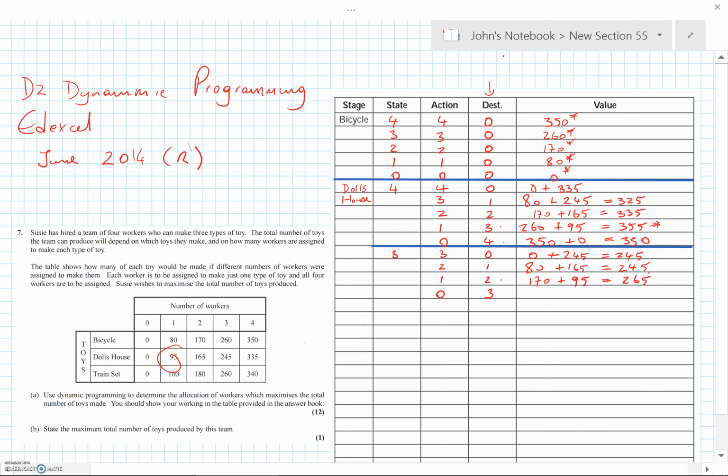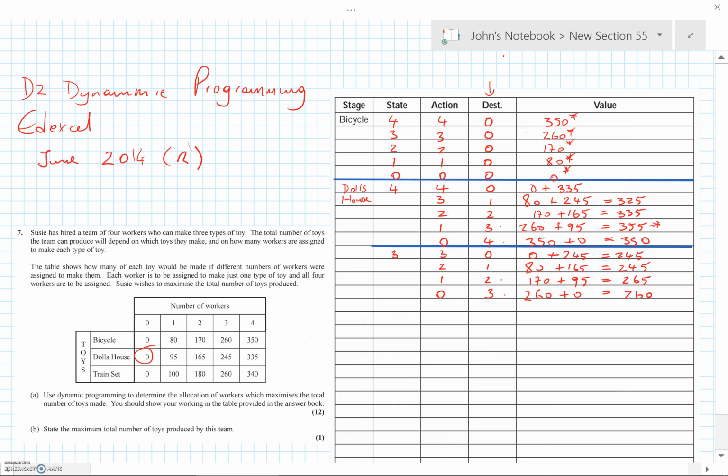And then finally for this state we've got 3. Okay, so we're pulling the state 3 from before as a destination. So that's 260. Now in this case, nobody is making any Doll's Houses. You can put +0 there so that we've got 2 numbers. That's 260.